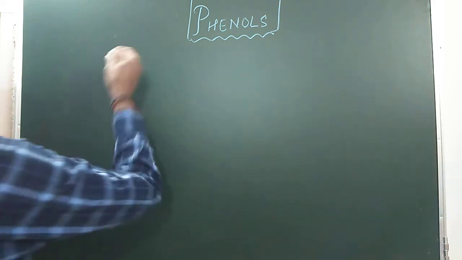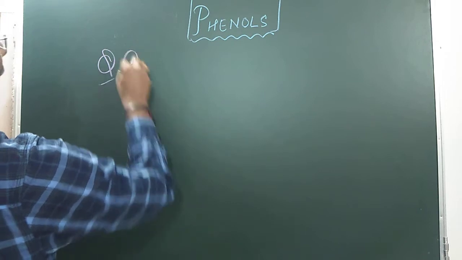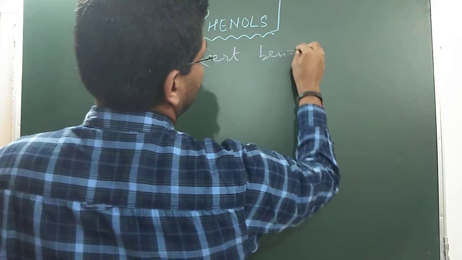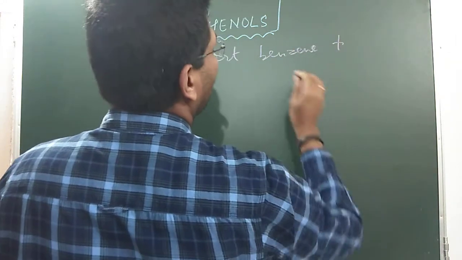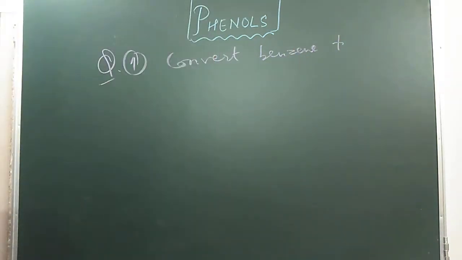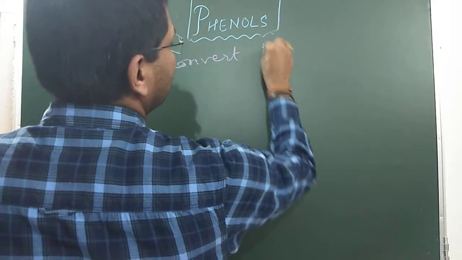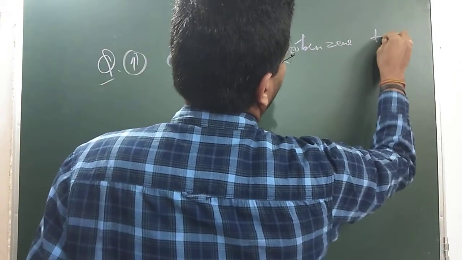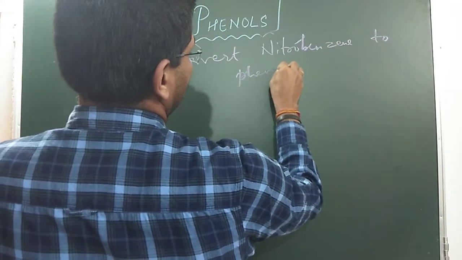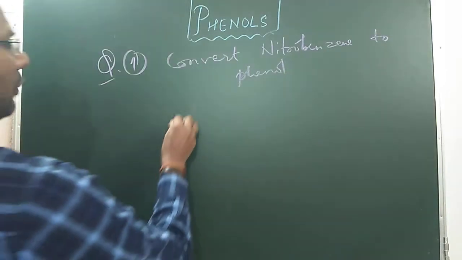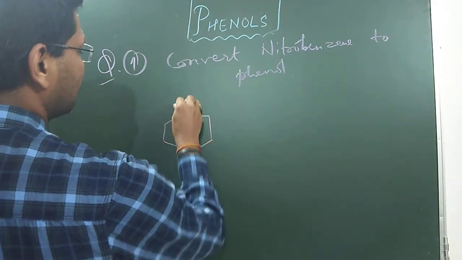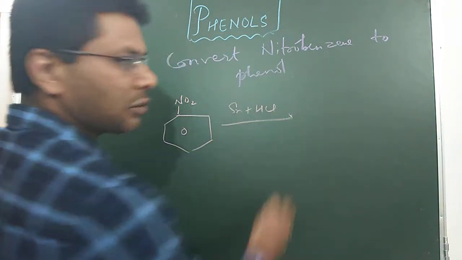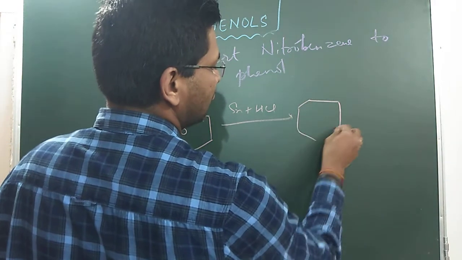Suppose one question is to convert nitrobenzene to phenol. So how will we do it? We will take nitrobenzene and do the reduction of nitrobenzene with tin and HCl, or iron and HCl, so it will form aniline.